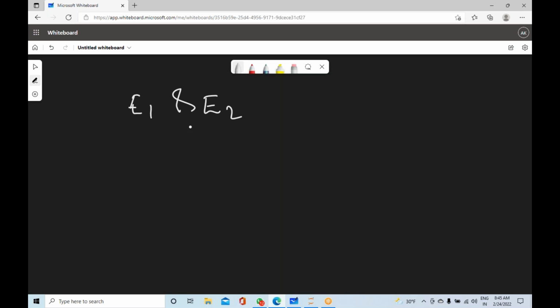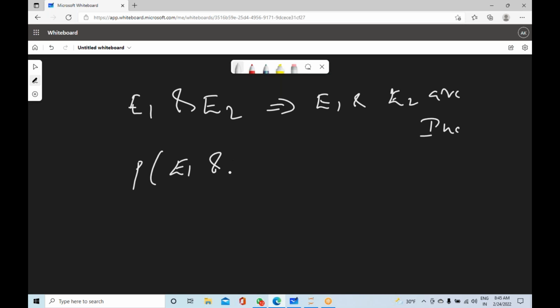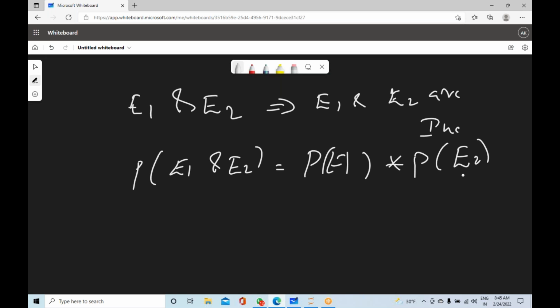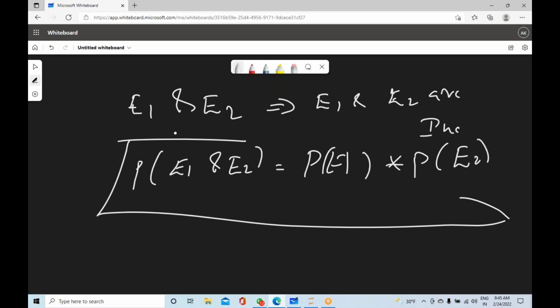If both are independent, then the probability of event 1 and event 2 is equal to the probability of event 1 multiplied by the probability of event 2. This is the multiplication rule when the events are independent.